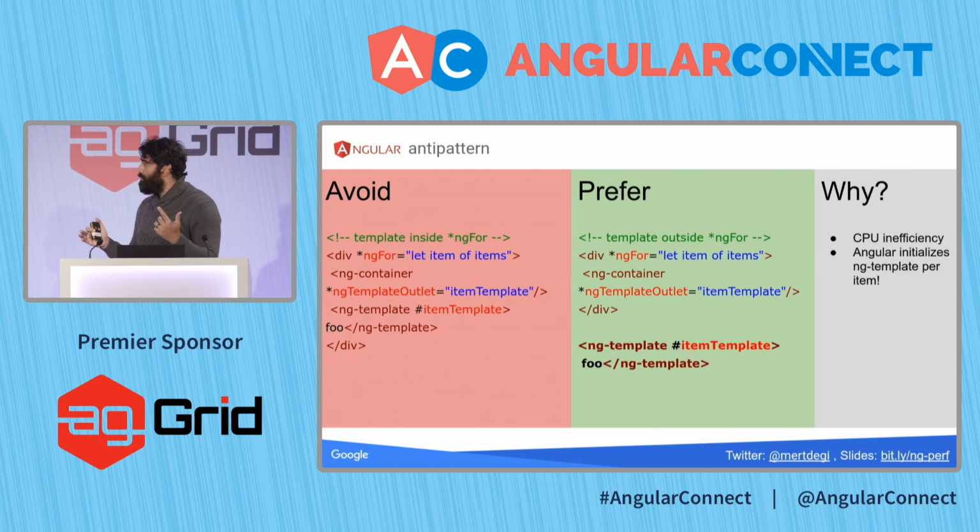But in all cases, you can move ng-template to outside of ngFor, and that would mean one directive instead of however many items you have. So this is another anti-pattern that we discovered while investigating performance degradations in ng2 migration.